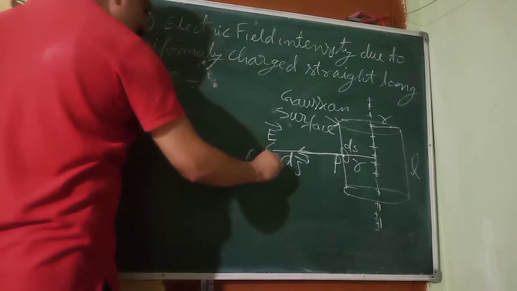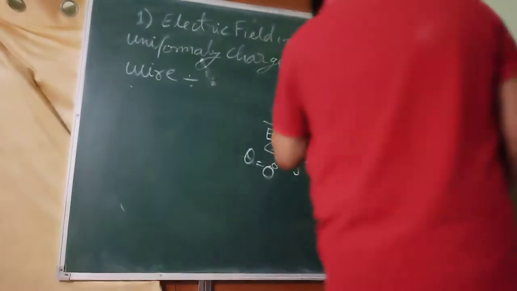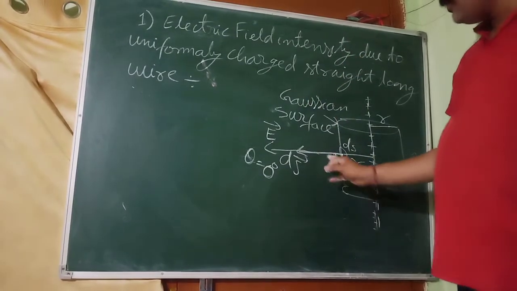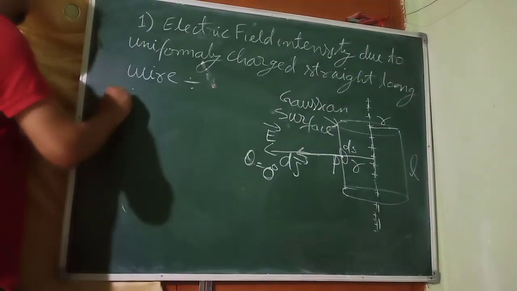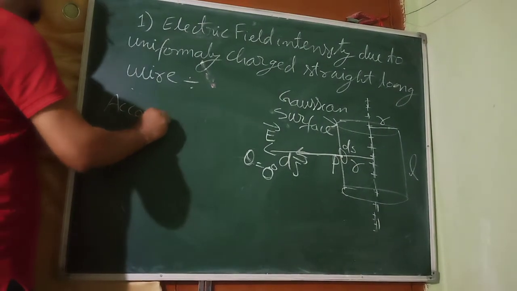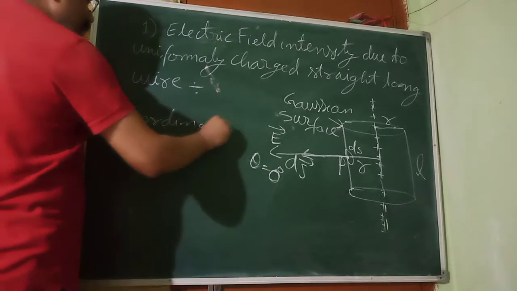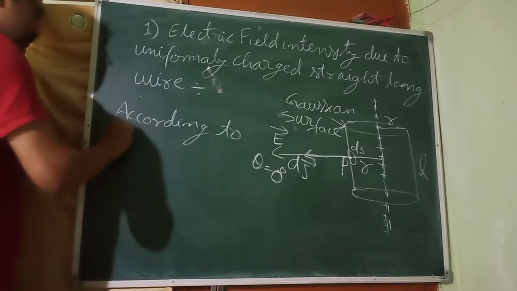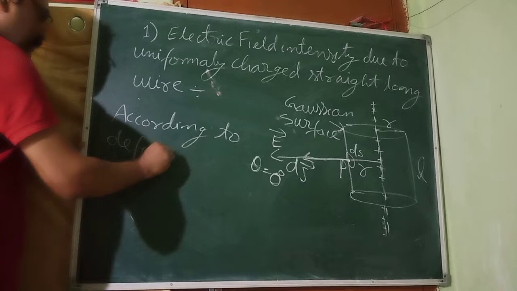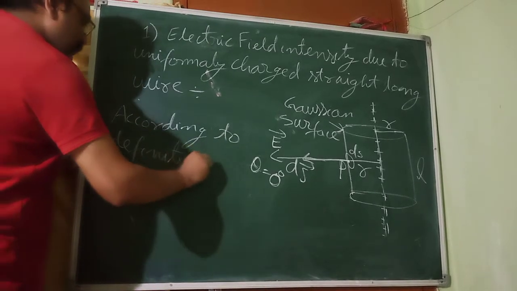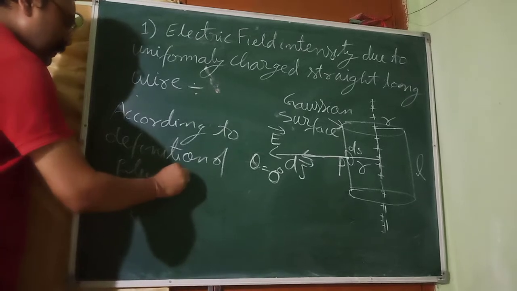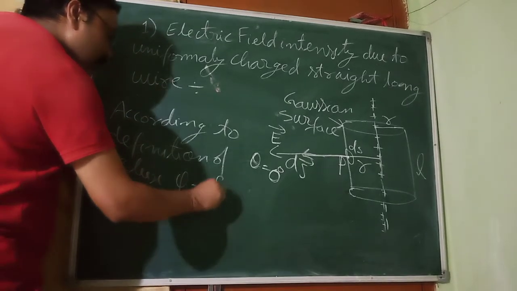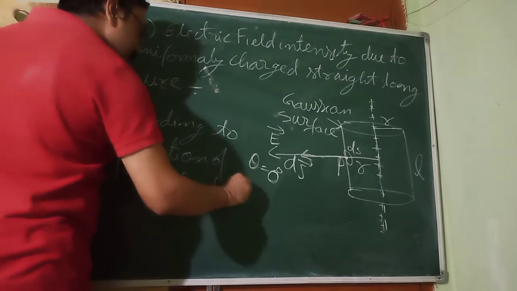As theta is equal to 0 degrees, first we will apply the definition of flux. We know phi is equal to the closed loop integral of E dot ds.